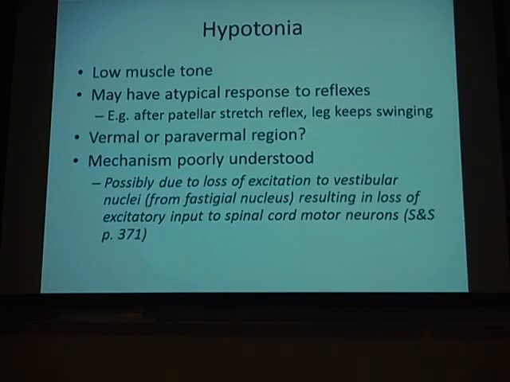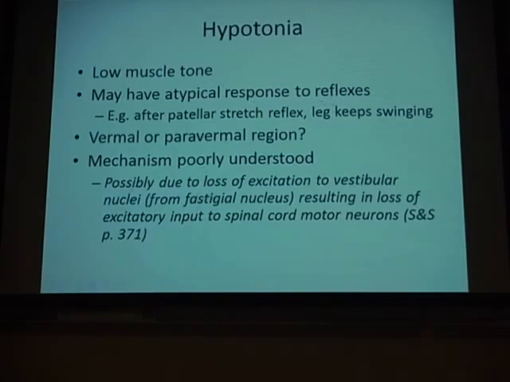It's not well understood why we have hypotonia in cerebellar disorders. Some research suggests it could be due to damage to the vermal, again, that central part, or paravermal, the area surrounding that region.